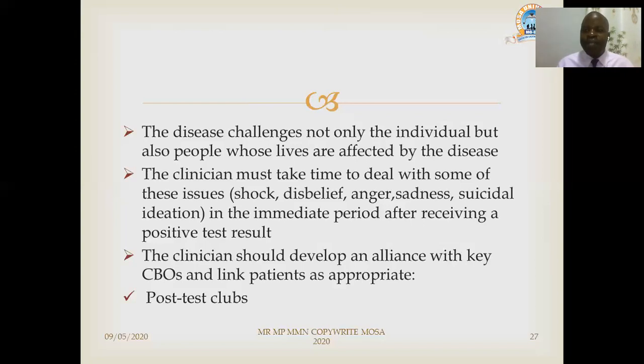Like I said in the beginning, we need dietitians, we need counselors, we need doctors, nurses. So everybody who plays a role in the management of these patients, the people from the lab, all of them, should be involved so that our clients can be managed very well.